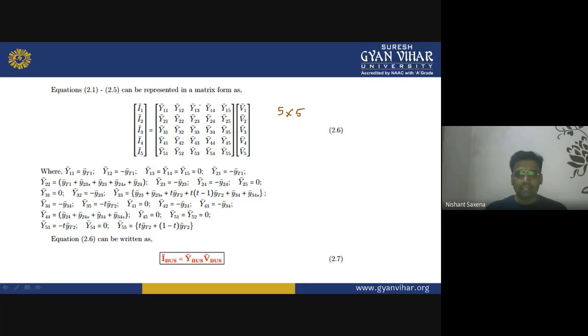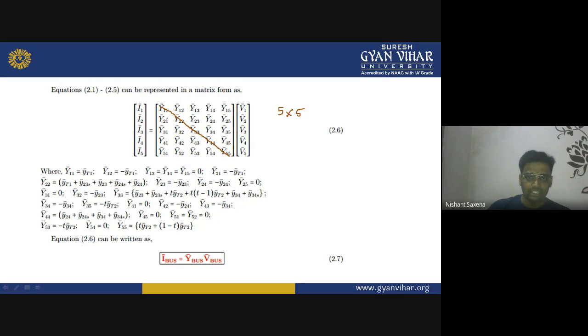Now, what is this capital Y11? These are Y11, Y22, Y33, Y44 and Y55. These are the diagonal elements and these are the off diagonal elements.